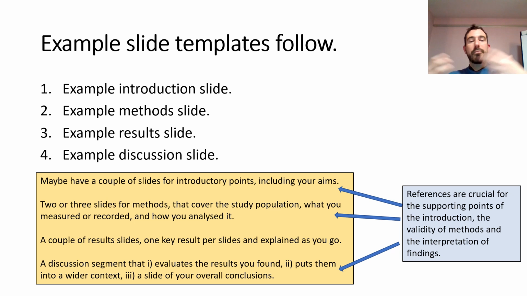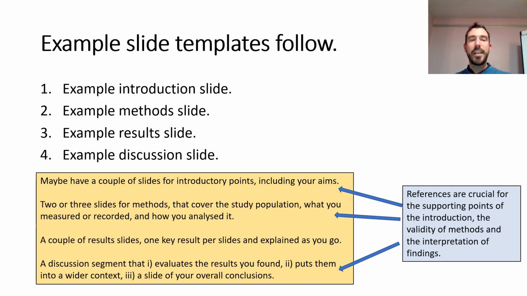Think about the results, going over a couple of slides that integrate descriptive and inferential material. Descriptive stats, graphs and charts, inferential material, statistical output. And then have a discussion section that evaluates and explains your results, that puts your results in the wider context of the wider reading, and then something that explains and describes your overall conclusions, what you found out and why it's important.